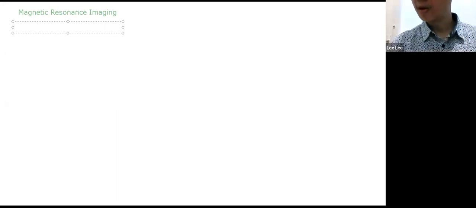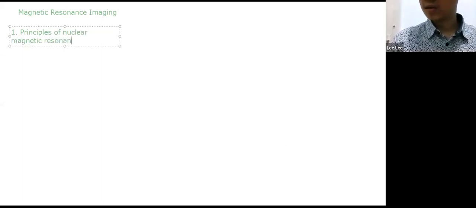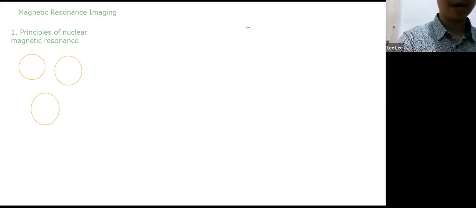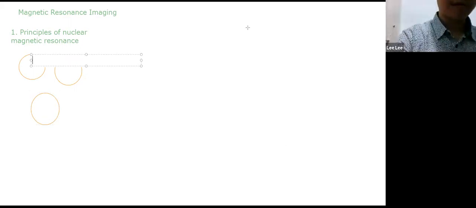Okay. So now we start with the principle of the nuclear magnetic resonance. So at first, we have a random position of the magnet.